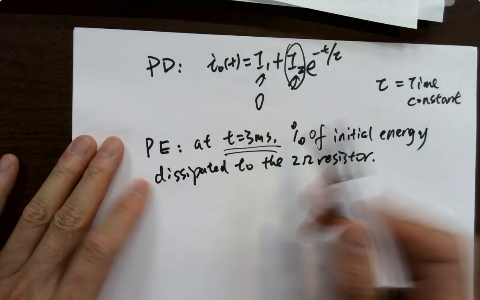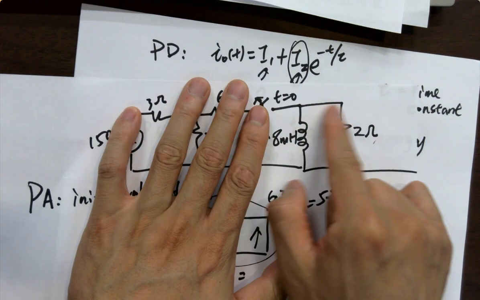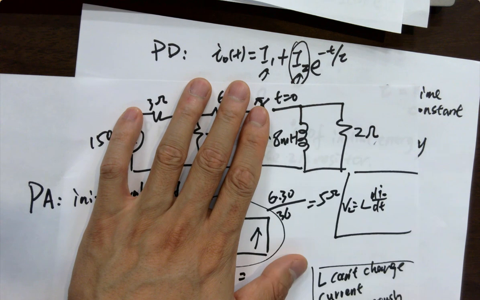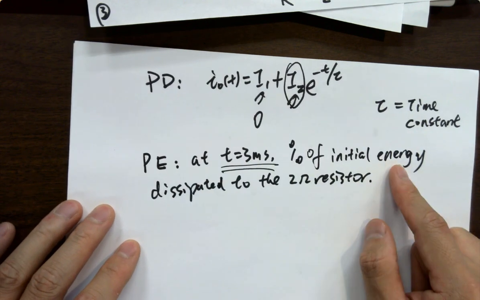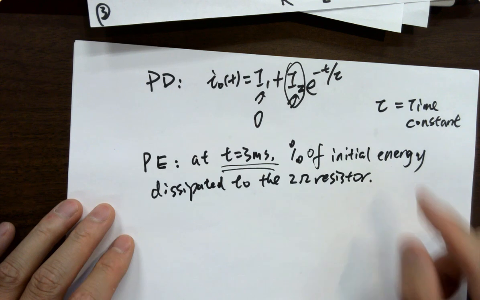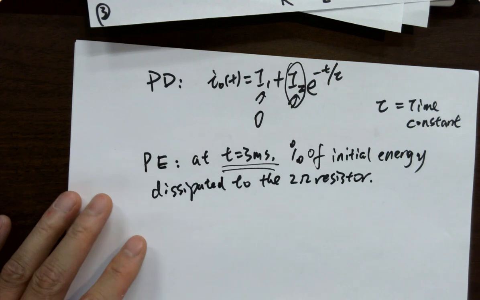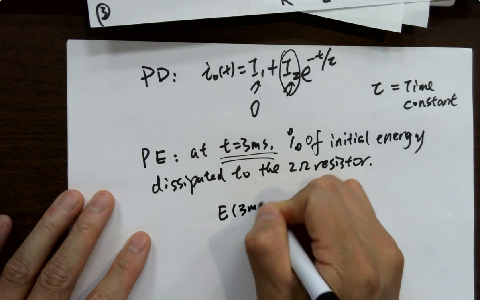So after 3 milliseconds, since we know this is a natural response, it's going to discharge through it. So losing energy, dissipating energy to the resistor. After 3 milliseconds, how much has been dissipated? So just need to find out E at 3 milliseconds.